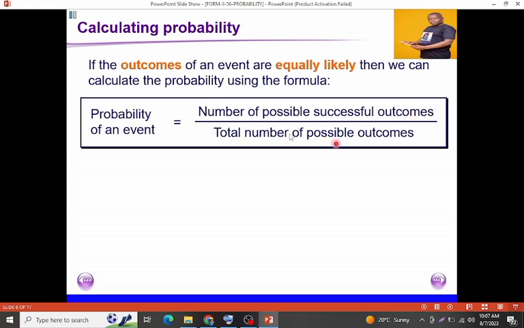In flipping a coin, it will only show one face up, a head or tail, so the number of successful outcomes is 1, but a coin has two faces, so the total number of possible outcomes is 2. So flipping a coin gives a probability of 1/2 for head and also 1/2 for tail.